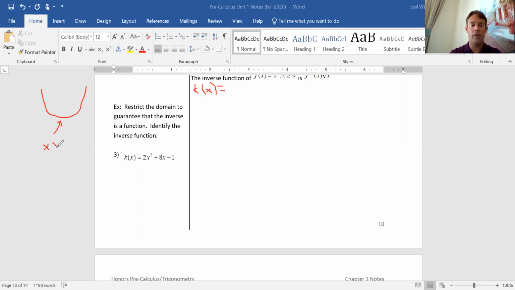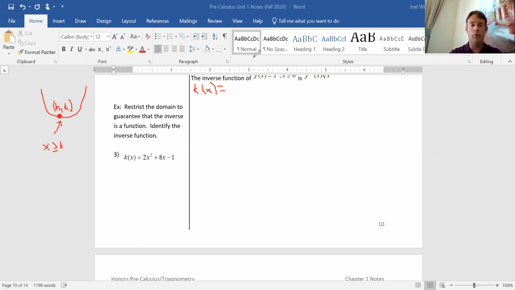When I restrict the domain, I'm going to restrict it so that the point h, k, that vertex point, is where it turns over. So I'm going to restrict it at that x value, that h value, so that it will pass both the vertical line test and the horizontal line test. So anyways, here we go.